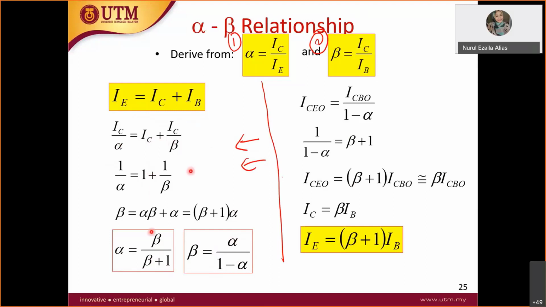And if you rearrange this part, you will get that IE is equal to beta plus 1 times IB. So these formulas, all of them, you need to memorize. In BJT, from now on you will be using these three formulas.